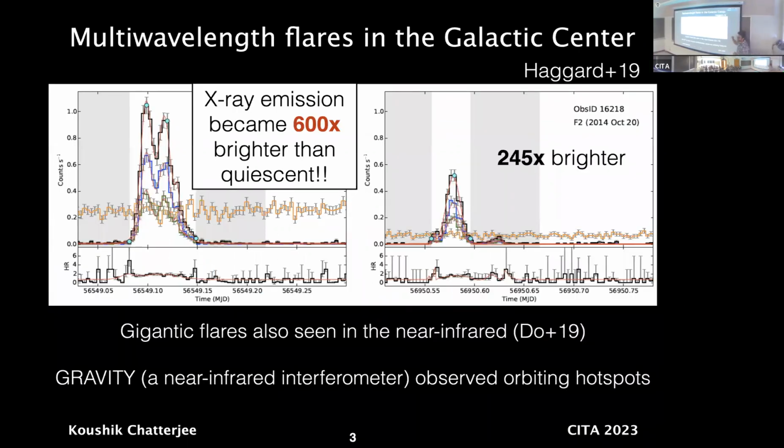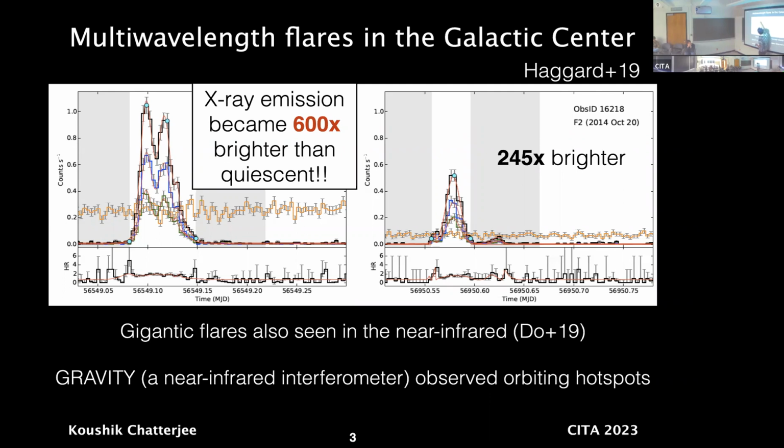But before that, X-rays. In 2019, Dale Haggard from McGill University found two huge X-ray flares with Chandra, one of which had this sort of double peak structure. This is the quiescent emission, with the nearby magnetar in orange.